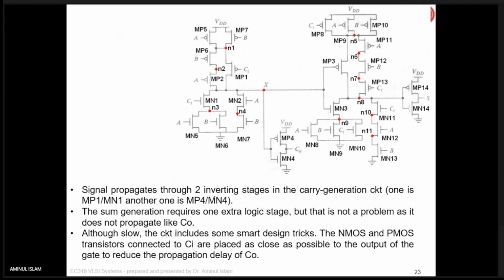Signal propagates through 2 inverter stages in the carry generation circuit. Means in this case, one is this one, MP1, Mn1. Other one is MP4, Mn4. Is it understandable?